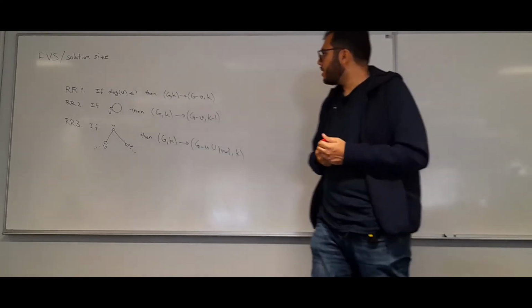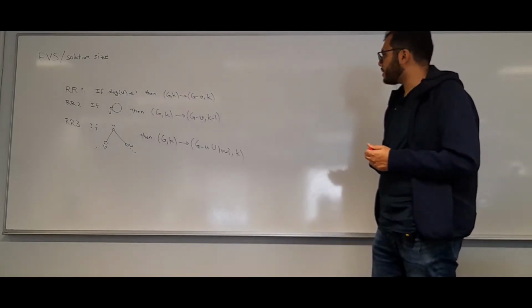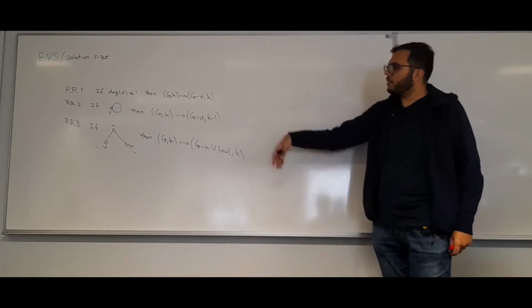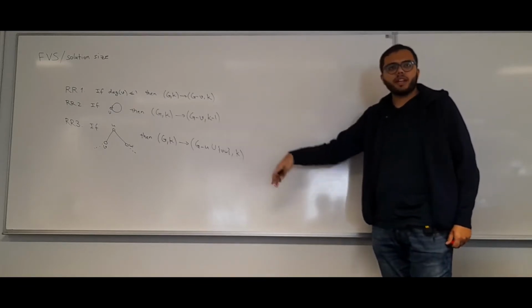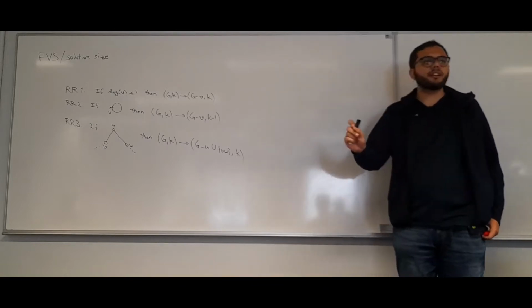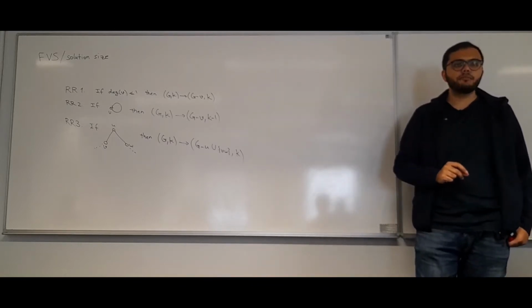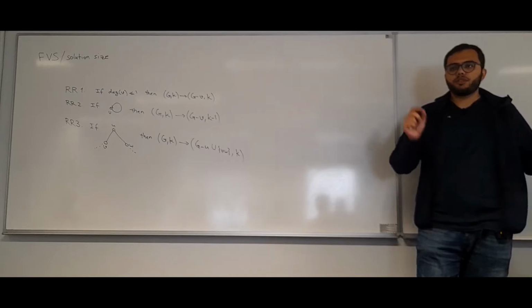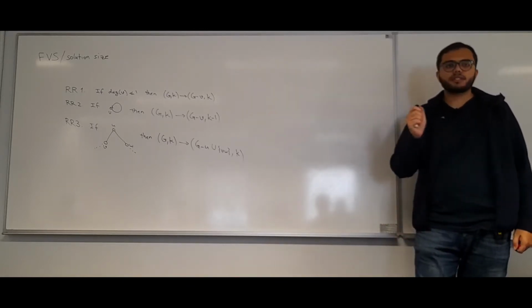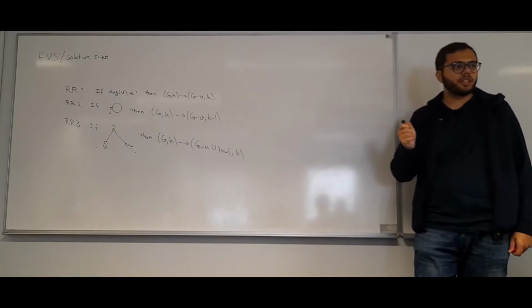So let's say that's my algorithm. After I apply all of these rules and I cannot apply any of them anymore, I pick some edge uniformly at random, and then I pick one of the two endpoints of the edge. And I put this randomly chosen endpoint into my solution.